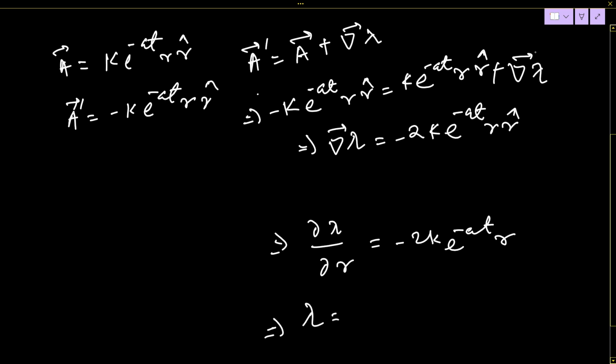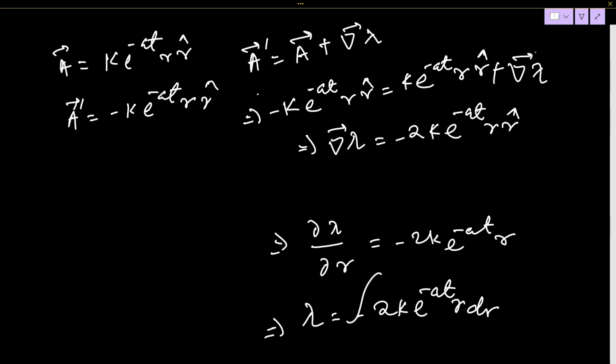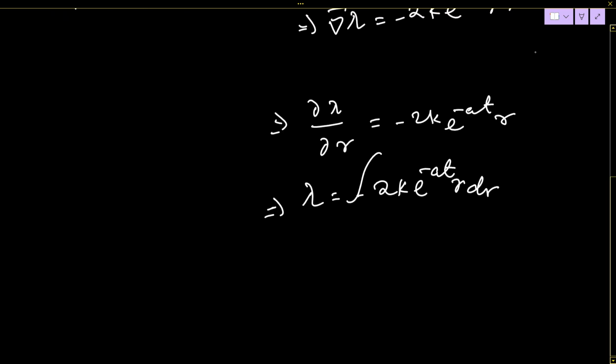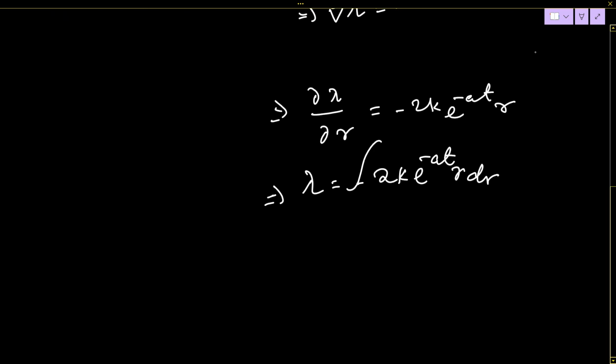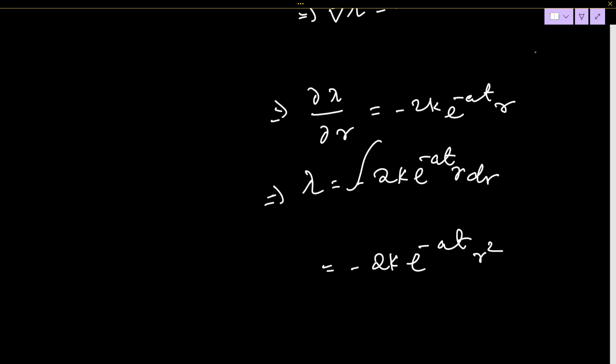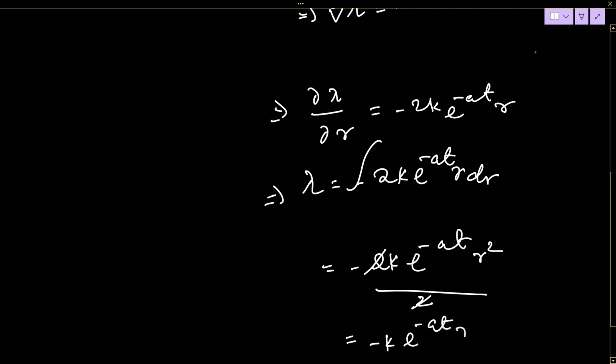So lambda is equal to integration of minus 2k into minus a t r dr, isn't it? Right. So if I do it, I will be getting minus 2k e to the minus a t r square divided by 2. Okay. So minus k e to the power minus a t r square. This is lambda.